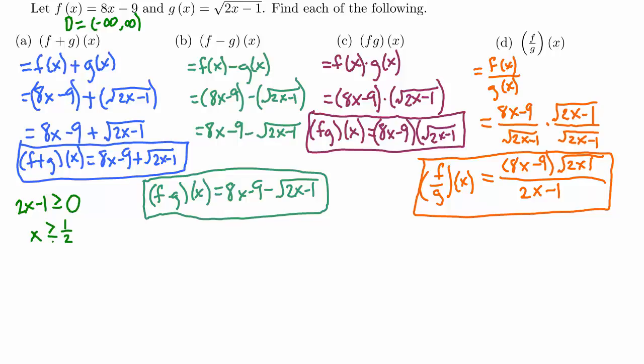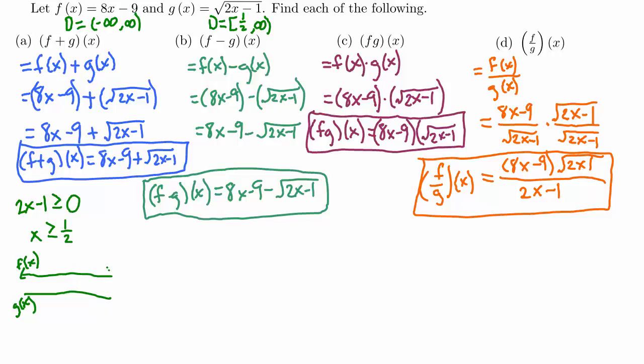Now this is the domain, and in interval notation that would be 1/2 to infinity for g of x. Now I'm going to go ahead and draw a little bit of a number line here. Well, two number lines in fact. The top one will be f of x, and the bottom will be g of x.